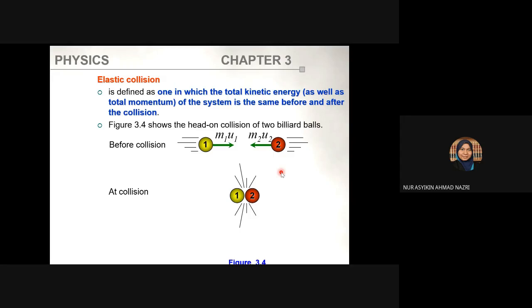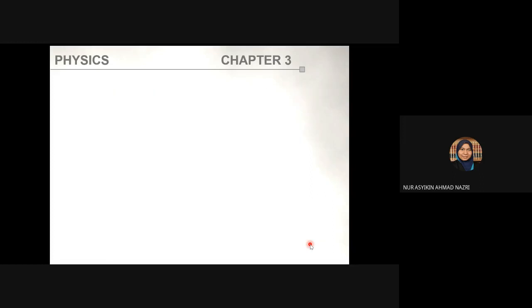Okay, so cuma yang ni elastic, the case for elastic, what happen before collision, you're going to have different velocity and which after collision, the direction of the collide object tu, akan will have different value of velocity with different direction.